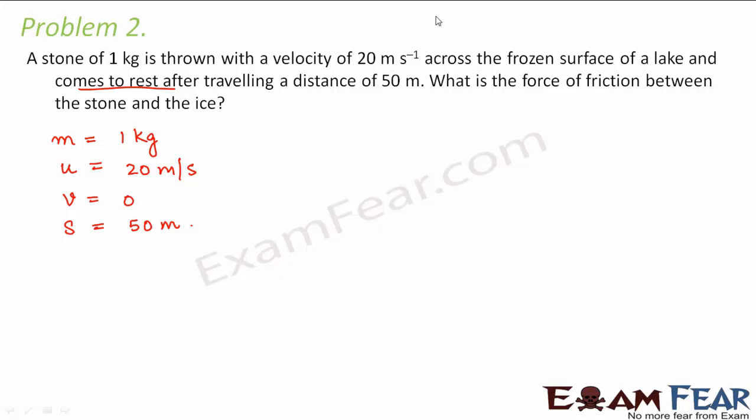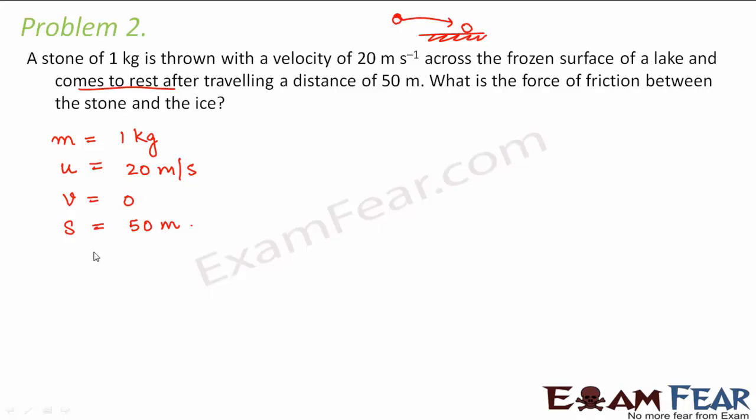Now when will your stone come to rest? Let us suppose this is the ice and this is your stone. So when you throw the stone, it falls here and it comes to rest. Why does it come to rest? Because of the force of friction. So when will it come to rest? When the force of friction becomes equal to the force which is acting on this stone. I mean, when you throw the stone with this much velocity, there will be a force associated with it.